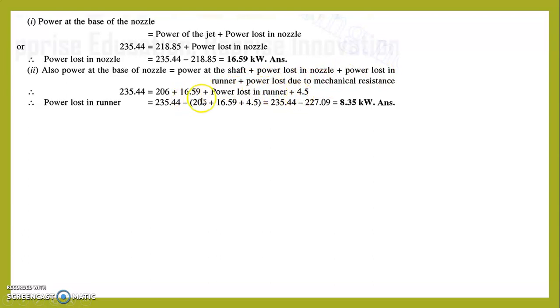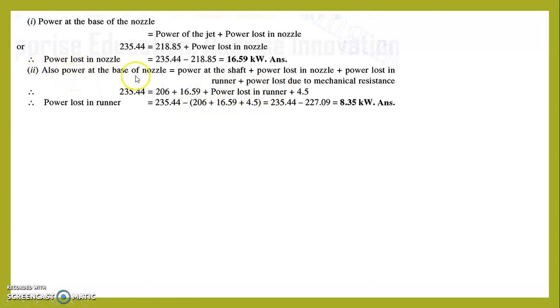So adding these, we will get the total power, and the remaining will be the power lost in the runner. This is the total power according to the 80 meter head that will be converted into shaft power. During the conversion, some amount of loss occurs due to hydraulic resistance, and some amount of loss due to mechanical resistance.